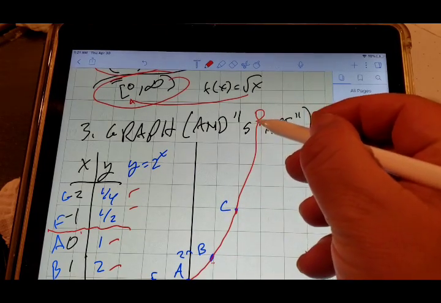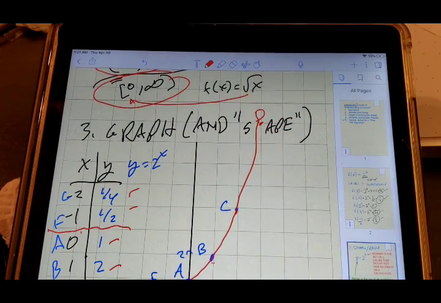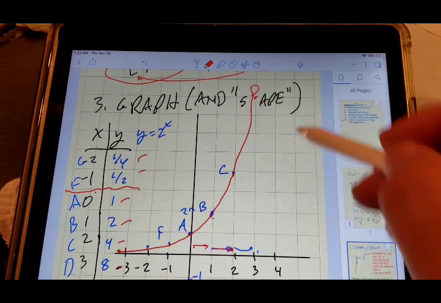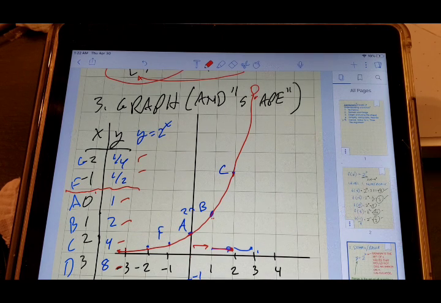By the way, exponential graphs like this have been getting a lot of press lately because of COVID-19. So you might see a graph that looks something like this, a curve they're trying to flatten. All right, so that's our new shape.